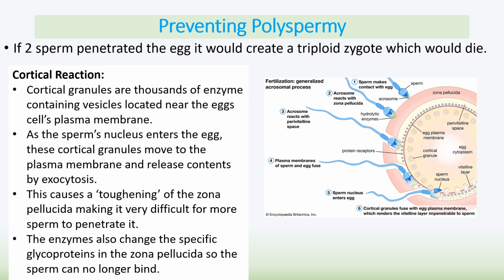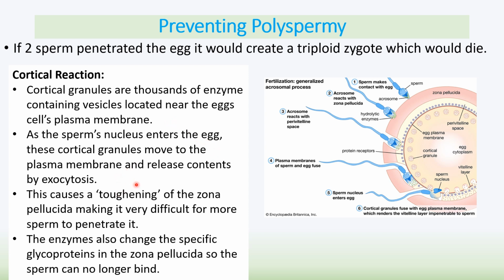So the cortical reactions are when thousands of enzyme-containing vesicles located near the cell plasma membrane, as the sperm enters the egg, these cortical granules move towards the membrane and release contents by exocytosis.